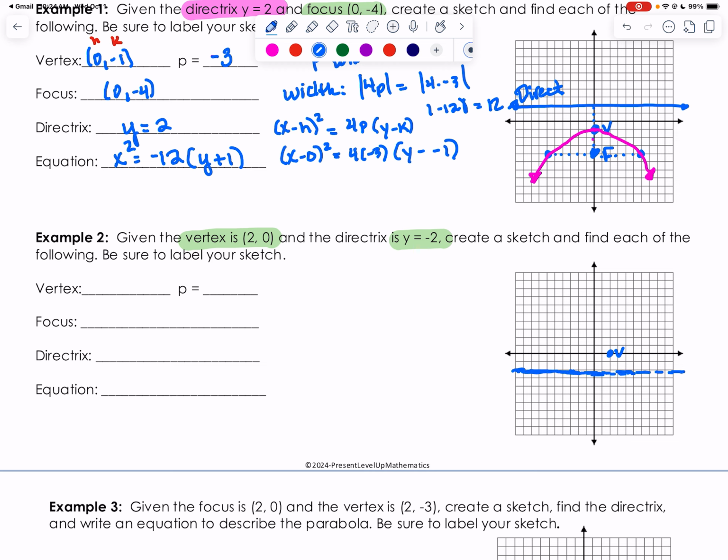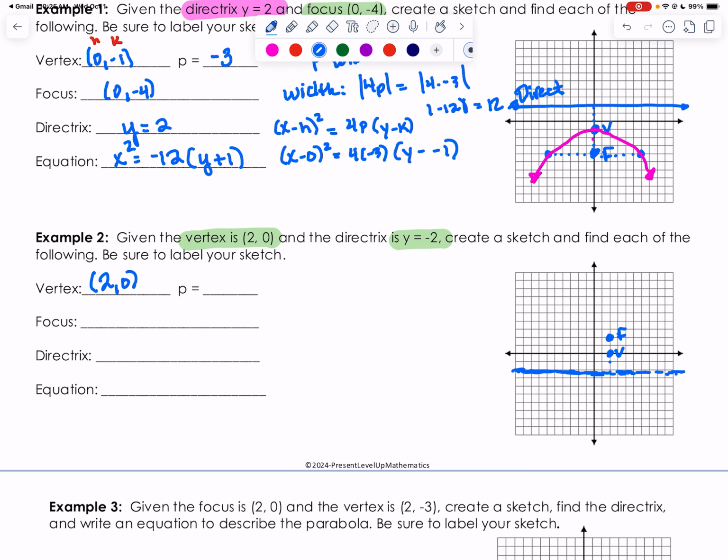Okay. Now what we need to do is find our focus point. Well, before we do anything else, let's write down the coordinates of the vertex. The coordinates of the vertex are 2, 0. Now, if the directrix is below the vertex, that means the focus will be above. But we have to figure out how many units above. So this is 2 units to the vertex. So I need to go 2 units up to find the focus.